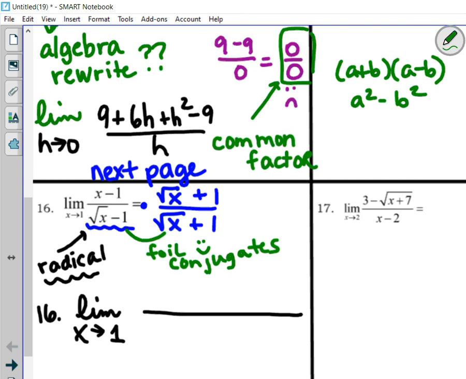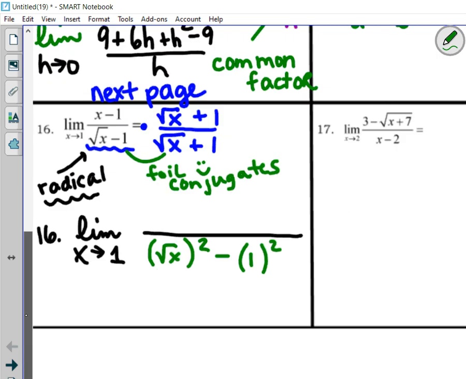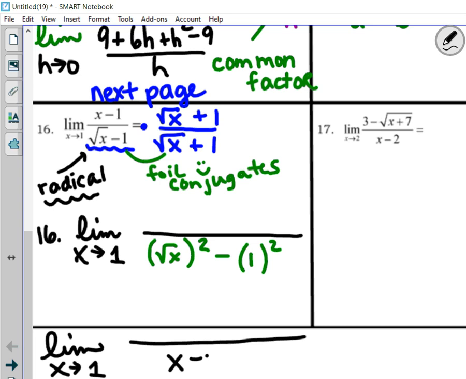So root x plus 1 times root x minus 1, I'm going to get root x squared minus 1 squared, which means I'm going to get x minus 1.